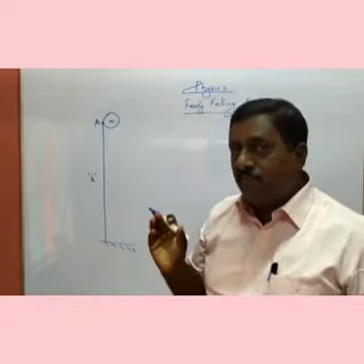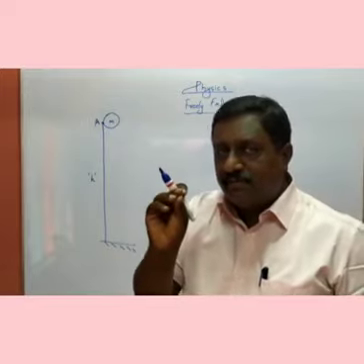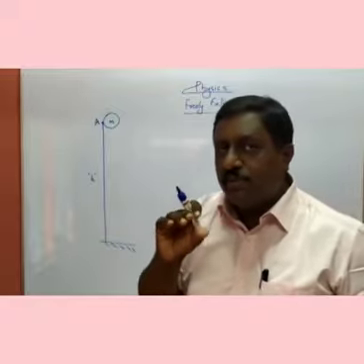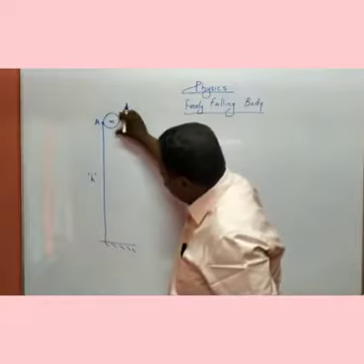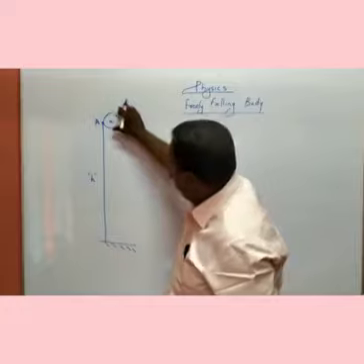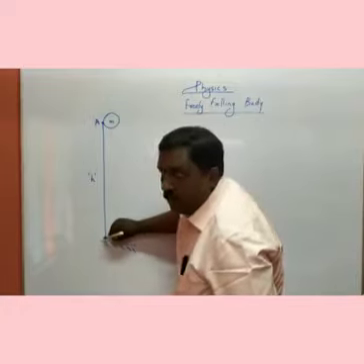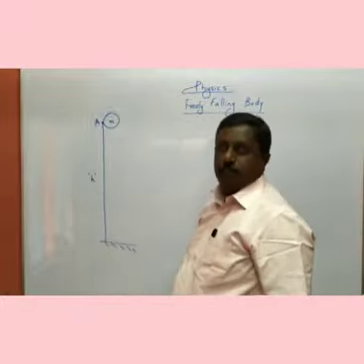I am explaining the fact with less speed, so you have to watch the video very carefully. Consider, or we placed a body of mass m at a height h meter from the ground level.